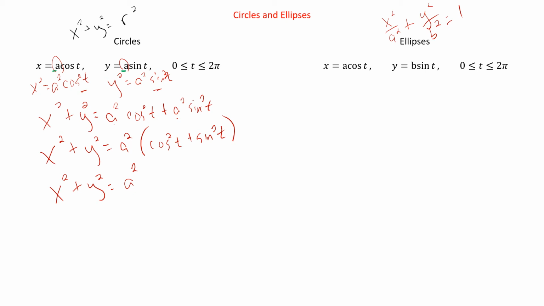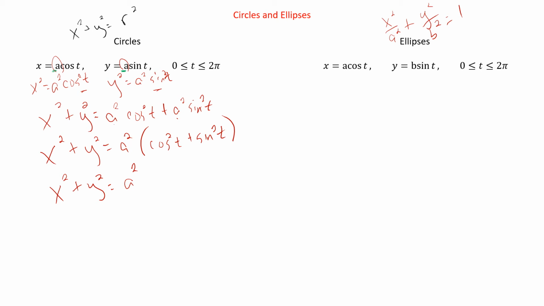So we still have x with the cosine and y with the sine, which again makes sense because those are the x and y coordinates in a unit circle. That's what they represent. But now the a and the b are different. Well, thinking back to the circle, where that number is the radius, wouldn't it make sense that these would be those radii for the horizontal and vertical? It should make sense, and it will.